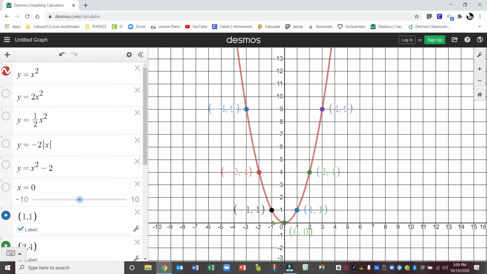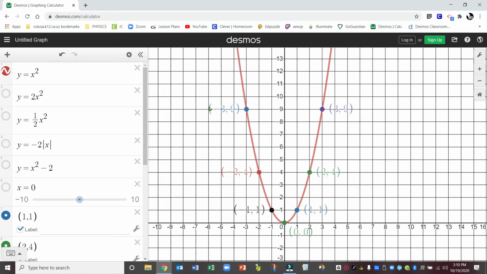So we would say that when x is greater than 0, this function is increasing because the y values are increasing. Now if we look at the left side of the graph, again, we're talking about negative numbers. So increasing from negative 3 to negative 2 is increasing. From negative 2 to negative 1 is increasing. From negative 1 to 0 is increasing. As the x values are increasing, the y values are going from 9 to 4 to 1 to 0.